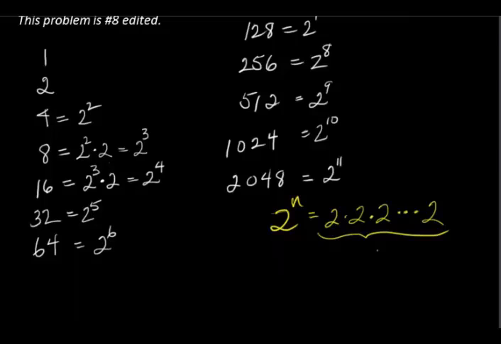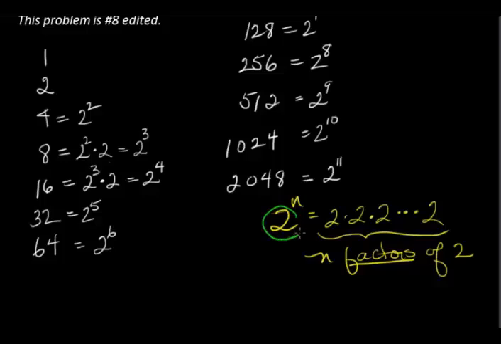A factor is part of a product. So 2 is a factor n times. And we call, in this expression, 2 is the base, and n is called the exponent.